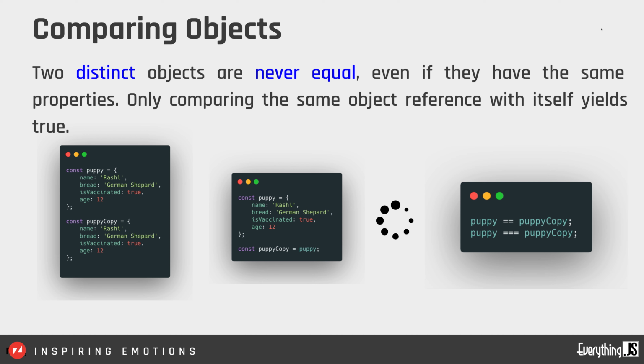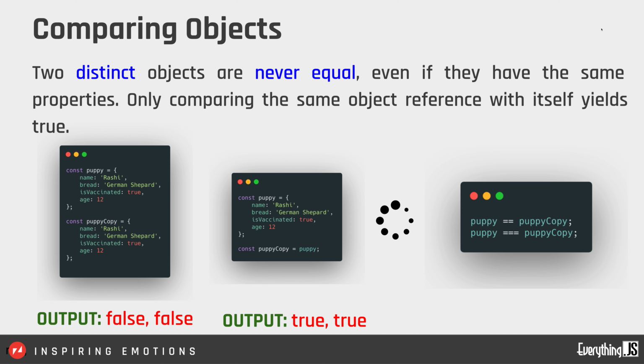Okay, the answer you gave is wrong. For the first one, you will get false for both comparisons. The reason is that these two objects are two different references. Objects are stored as references, while primitive values are stored as values.